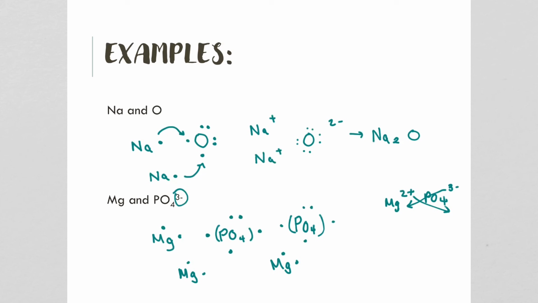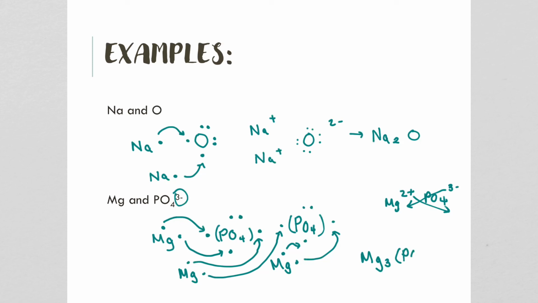So this one can give 2 electrons to make that one happy. This one's going to give 1 electron here and 1 over here. This one's going to give its 2 electrons to give yourself Mg3(PO4)2. So that's how you do that one.